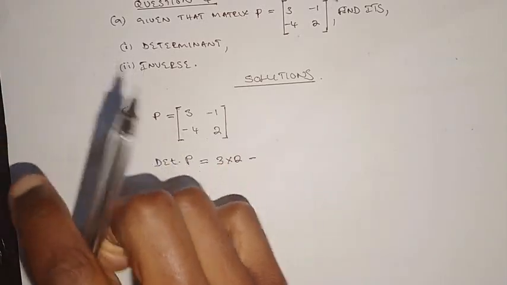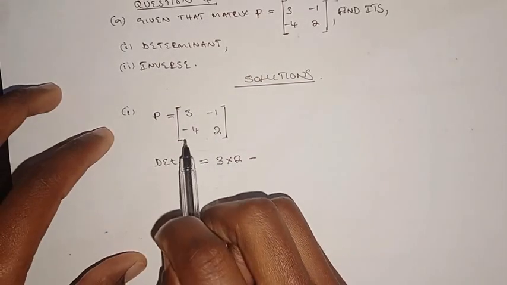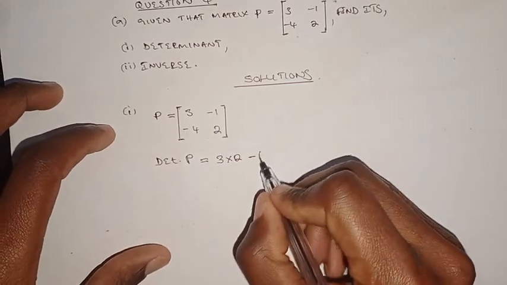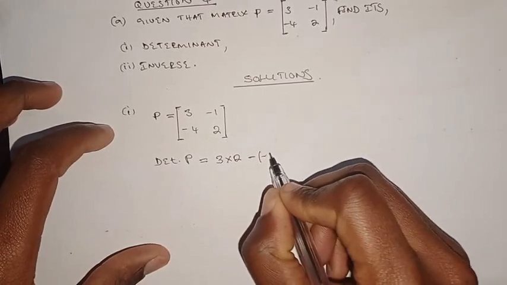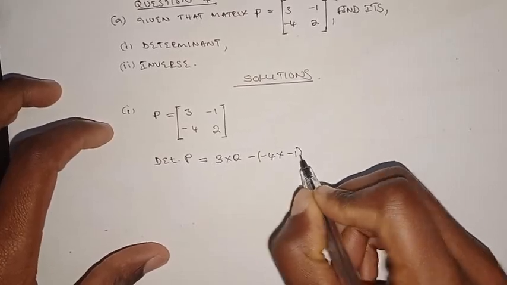So elements in the trailing diagonal are these elements that I've covered right here, which is -4 times -1. So we need to find the product of -4 times -1.